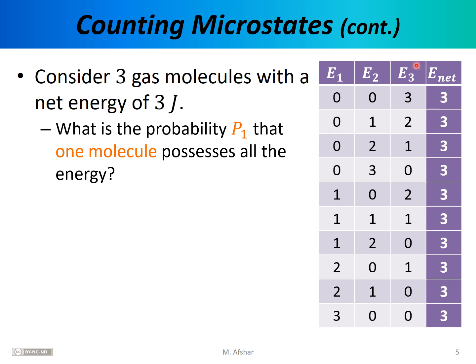One possibility is that particle 3 has 3 joules of energy and the other 2 particles have 0 energy. Another possibility is that particle 3 has 2 joules of energy, particle 2 has 1 joule of energy, and particle 1 has no energy. In this way, you can systematically build a table that specifies every single microstate of this system.